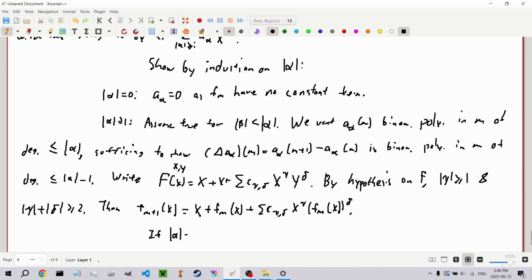If the size of alpha is exactly 1, a_alpha^(m+1) is a_alpha^m, and we are done.